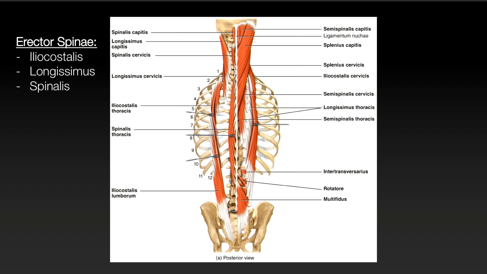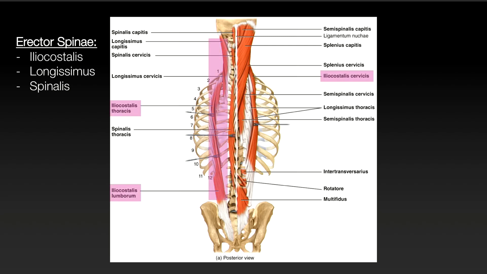ILS. I like standing. Erector Spinae muscles keep the spine straight. I like standing. Iliocostalis, longissimus, spinalis. So you've got the names and the order. No studying needed.